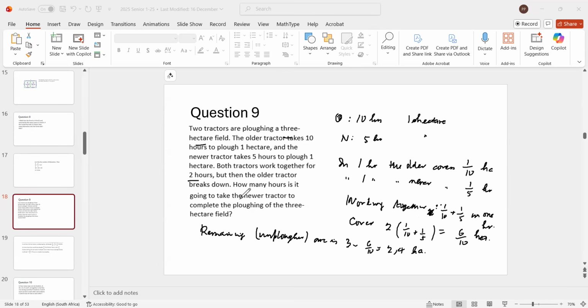They ask, how many hours is it going to take the newer tractor to complete the plowing?